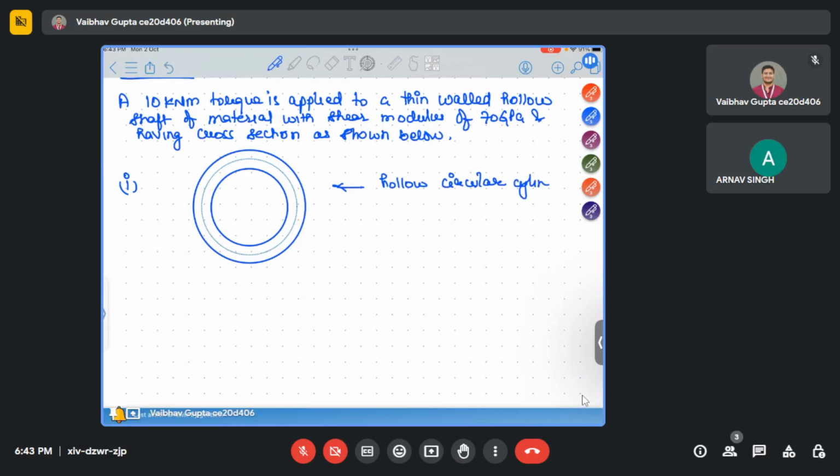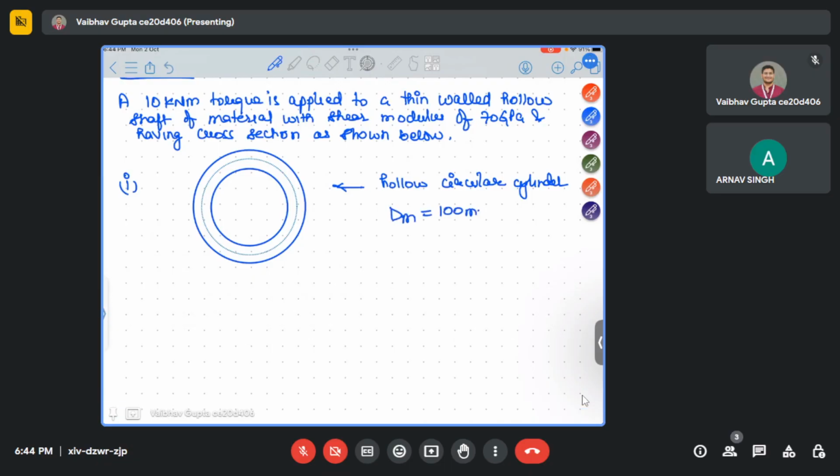Here the mean diameter is given to you as 100 mm, so the mean radius will be equal to 50 mm. So the mean radius is this.